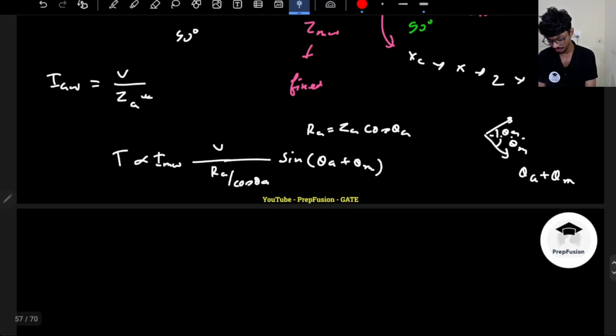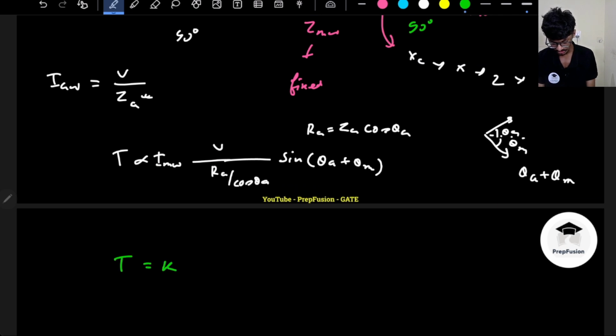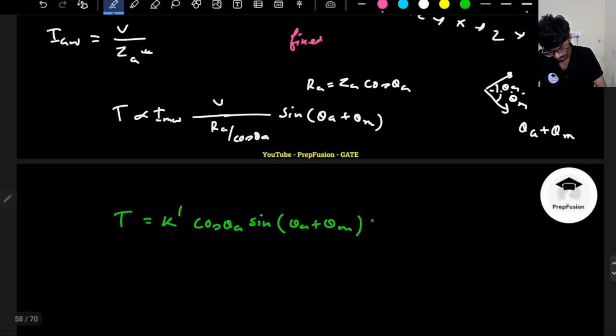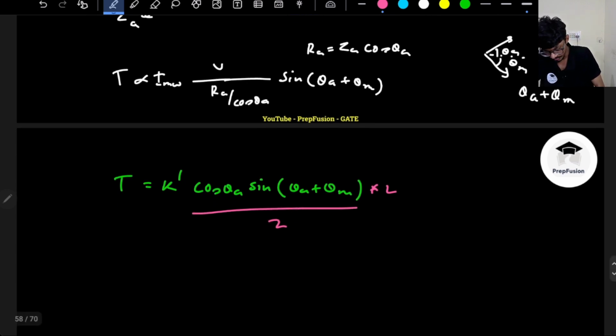So I can directly write that my torque is equal to some constant K dash into cos theta A sine of theta A plus theta M, right? Can I break this now? I can simply break this. If I multiply and divide by 2, two terms will come out. It is 2 sin A cos B.